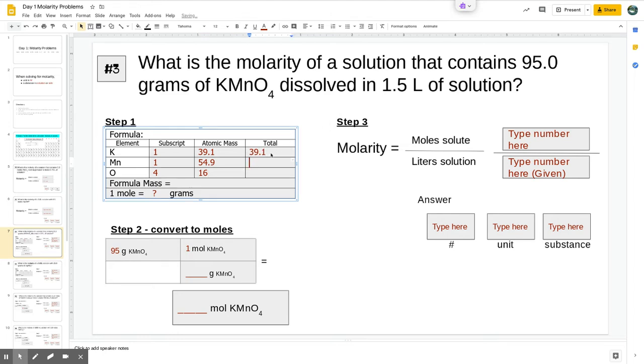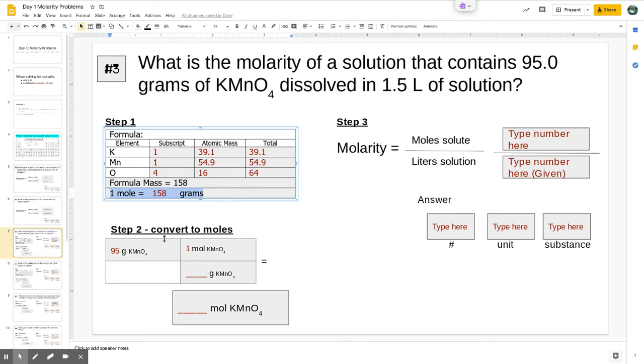I get 39.1, 54.9, and 64 for 4 times 16. That adds up to 158. All right, so then I can put the 158 for the question mark. 1 mole of KMnO4 is 158 grams.